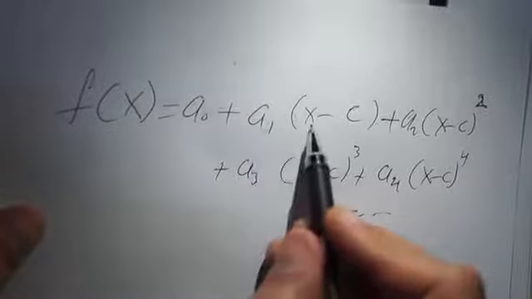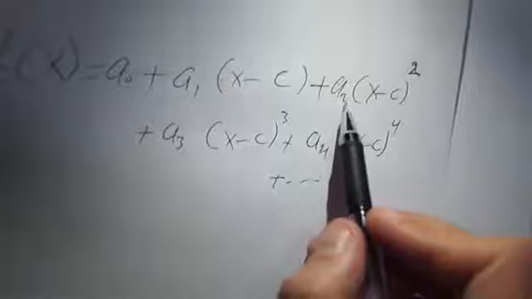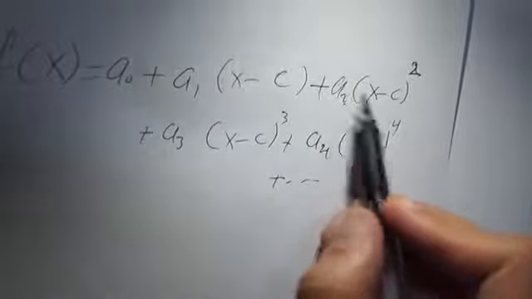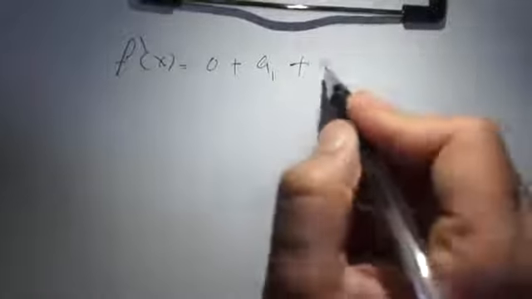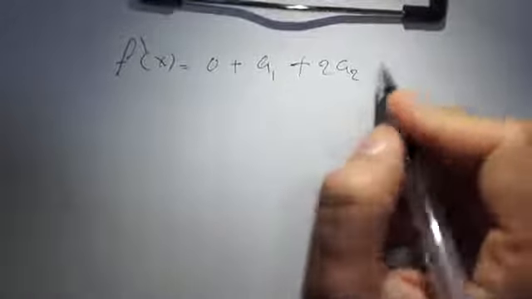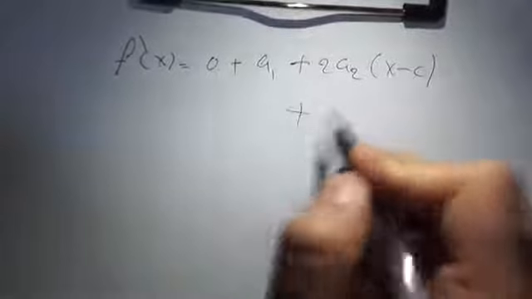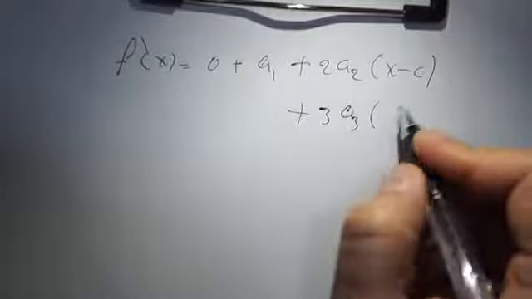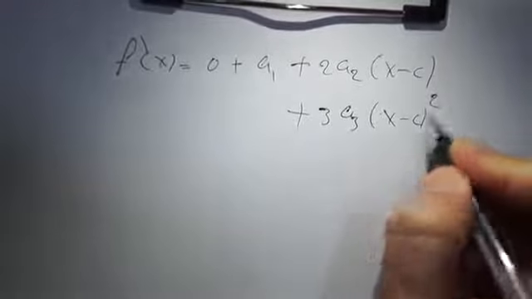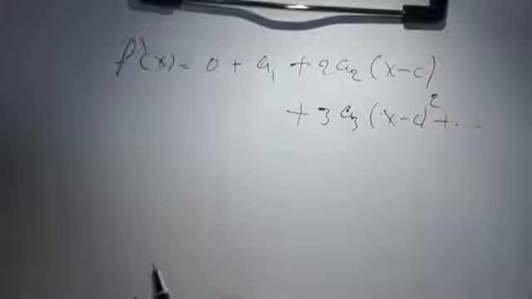This is a coefficient, this is going to be 1, this is going to be 0, so we're going to get a1 plus second term, the third term a2 constant، بالتالي نقوس مرفوع القوة 2، so you're going to get 2 a2 x minus c plus 3 a3 x minus c to power 2, and so on.